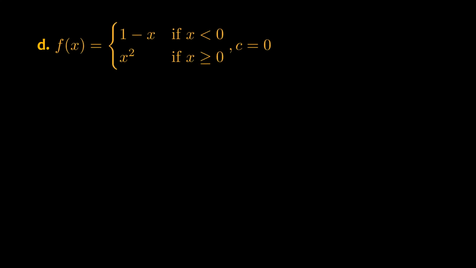D. f of x equals 1 minus x, if x is less than 0, and x squared, if x is greater than or equal to 0, with c equals 0. Solution. First, determine if f of c is defined.